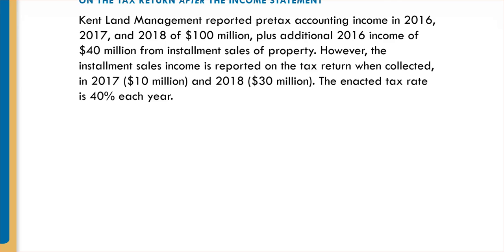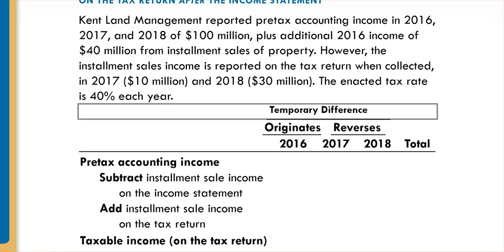So this is considered a timing issue, and it originates in the first year, the year in which they actually made that sale. And I assume it's a sale of land. Yes, it's an installment sale of property. So you do a schedule, and you're going to do the schedule including 2016, 17, and 18.